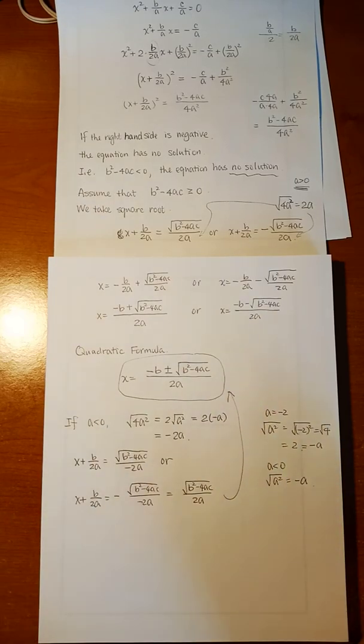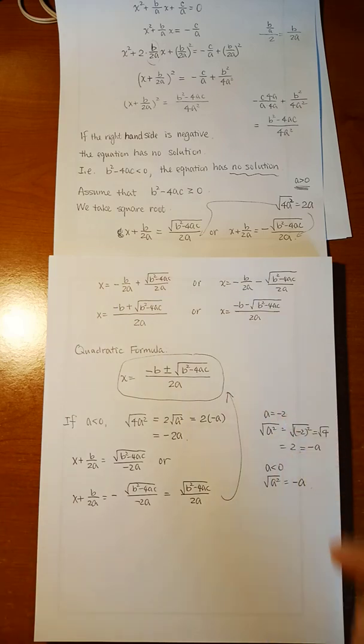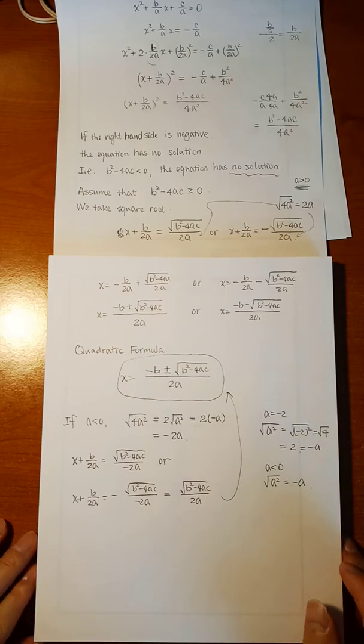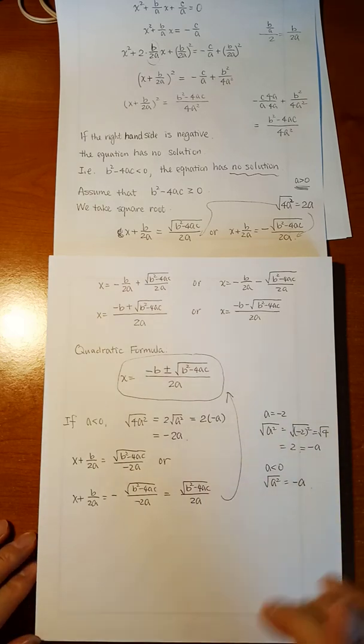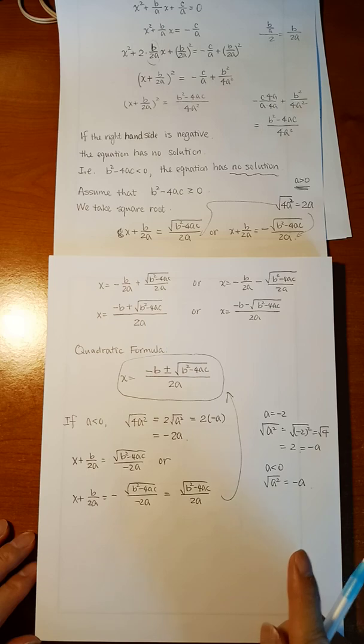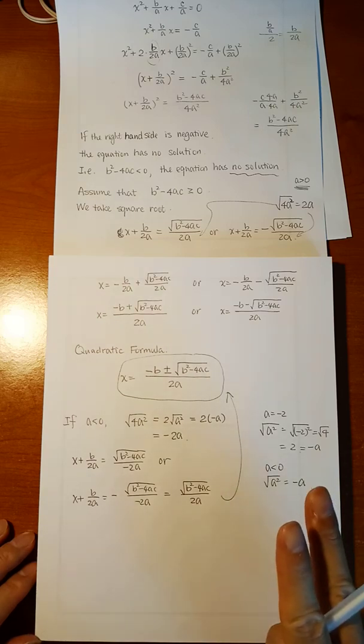So it doesn't matter whether you have a positive a or a negative a. Your quadratic formula will be the same thing. Okay, so don't worry about the sign of a. You will have a unique quadratic formula which will usually give you 2 solutions.